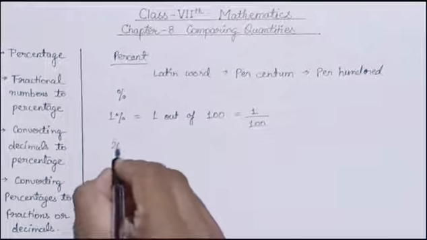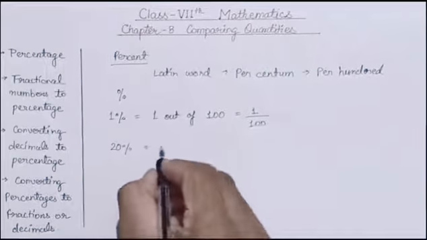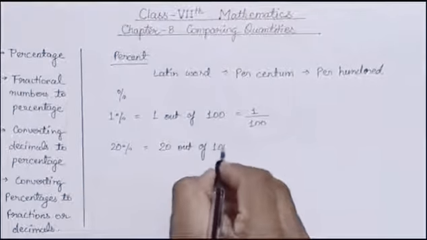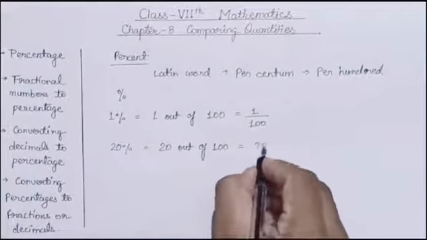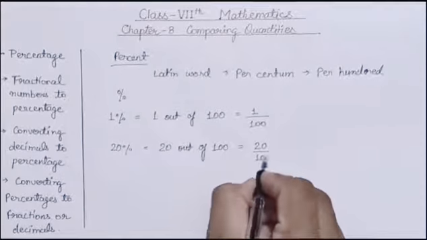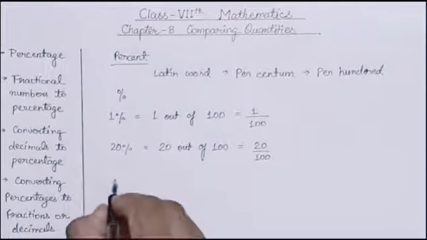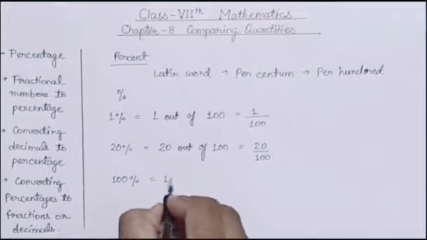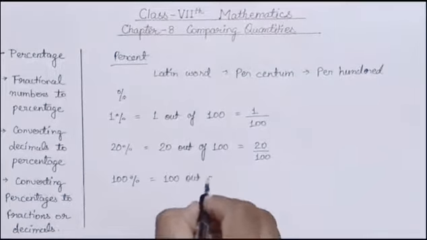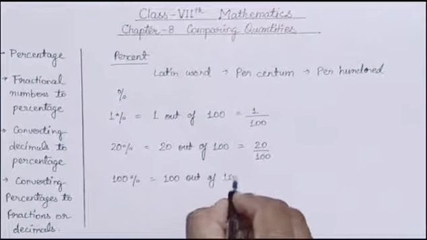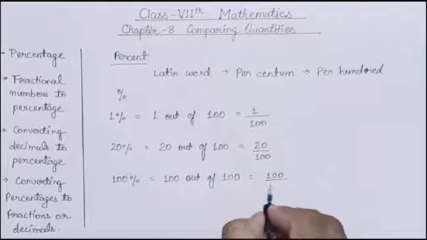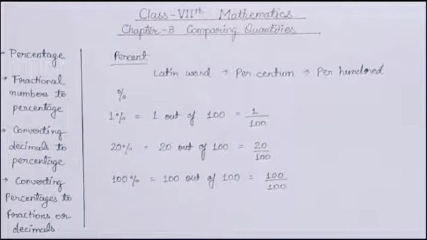In the same way, 20% means 20 out of 100, which can be written as 20 divided by 100. Or 100% means 100 out of 100. So it can be written as 100 divided by 100. So I hope it is clear what is the meaning of percent.